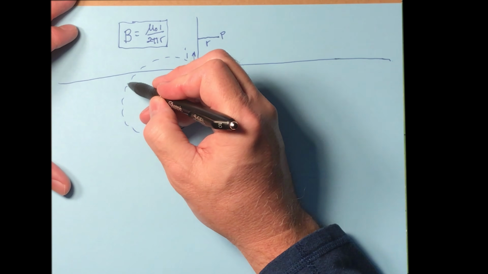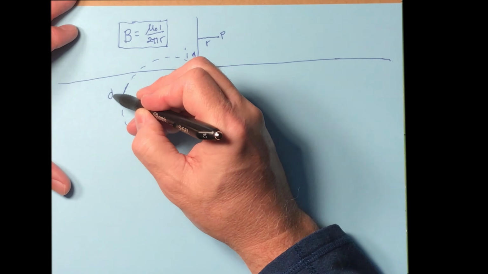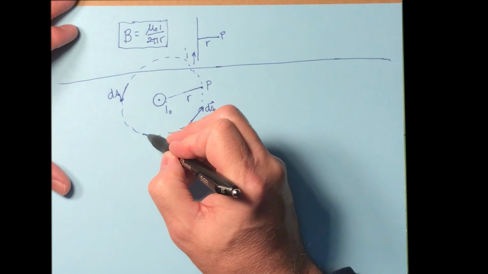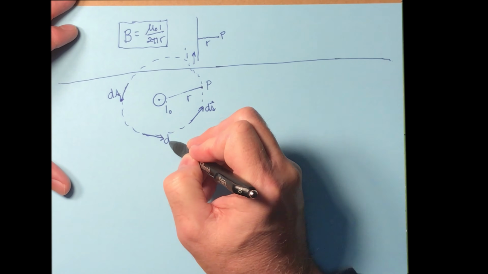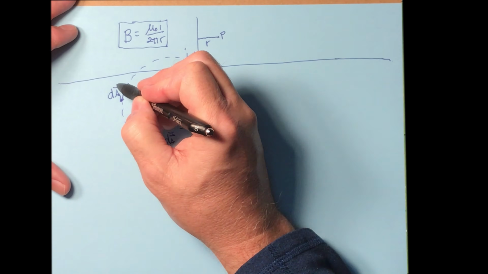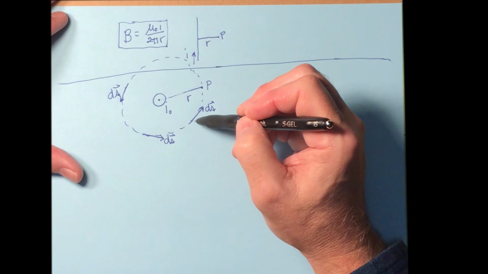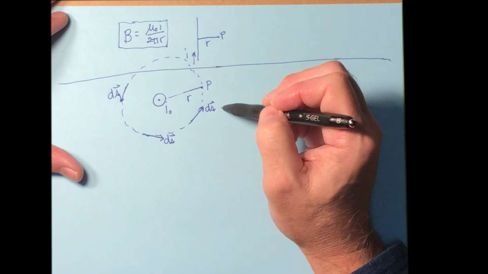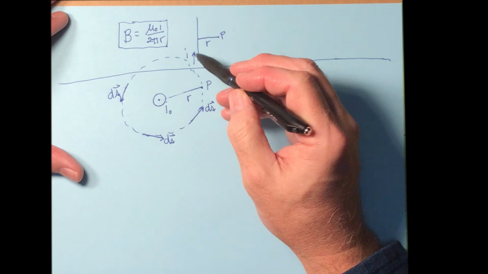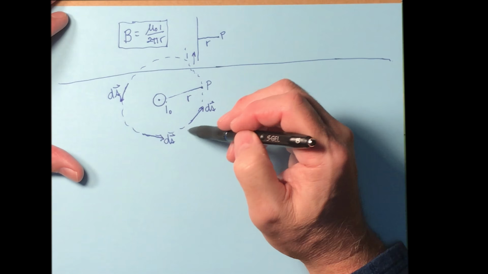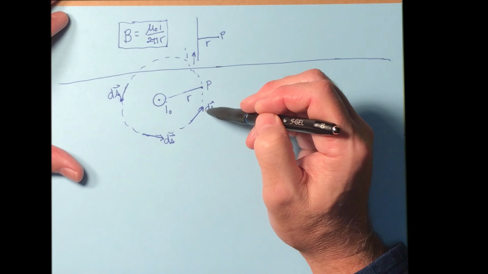Over here, our ds vectors would point like this. Down here, ds vectors would point like that. So we're going to go all the way around the loop and divide it up into little sections, and those are going to be our ds vectors. So we've decided upon the direction of our traverse at this point.